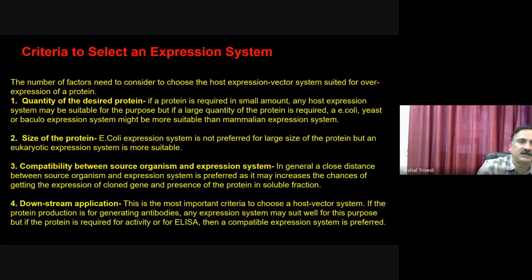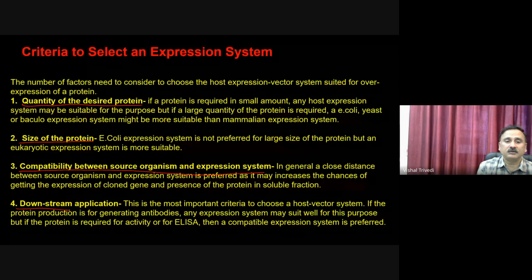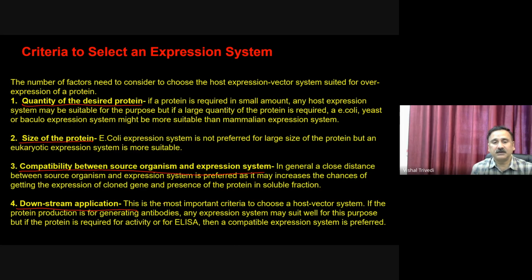This is the criteria to select the expression system. It depends on the quantity of the protein required, the size of the protein, the source of the organism and the expression system, and it also depends on the downstream application. Downstream application is very important when you are talking about industrial applications.